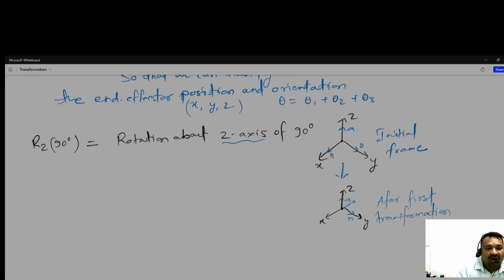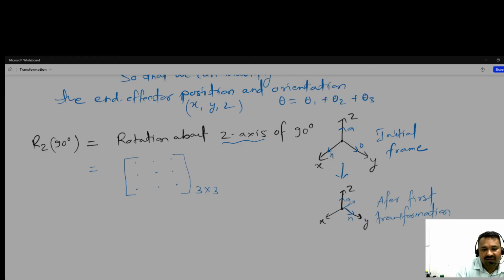So how to denote it? By matrix. What we can do here is rotation about z. Initially, suppose we have a 3 by 3 matrix.